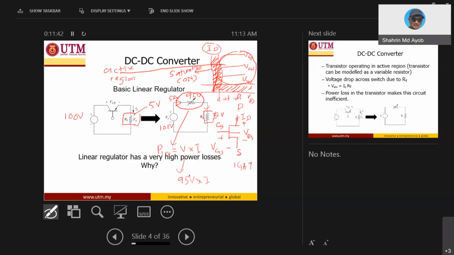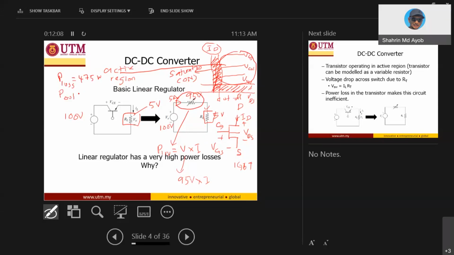So you just multiply 95 volts with 5 amperes. How much is that? You can calculate, 95 times 5 is how much? Okay, so the power loss is 475 watts.